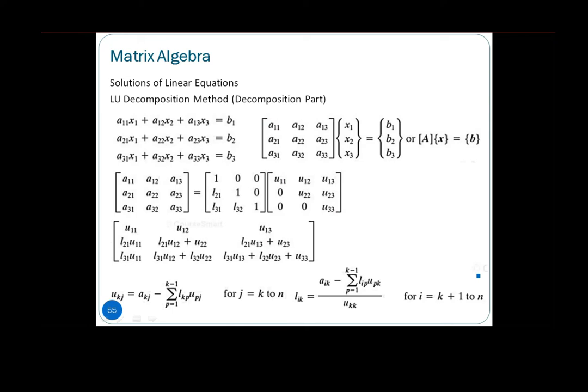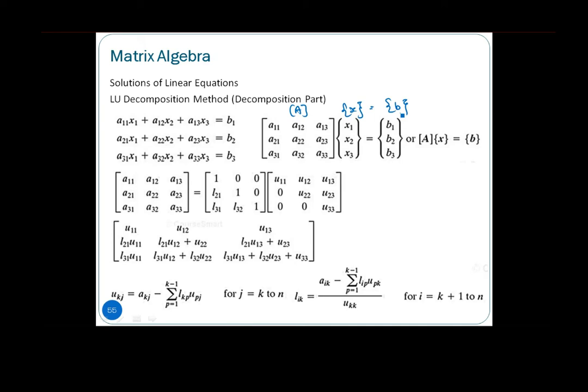Next, besides the Gauss elimination method, we can use the LU decomposition method, lower triangular, upper triangular decomposition. Again, we have A x equals to b, right? What the LU method does is it splits this A matrix into L and U, lower triangular and upper triangular matrices.